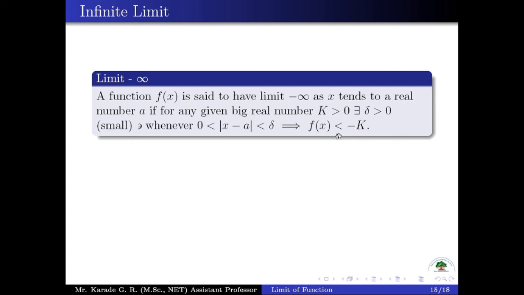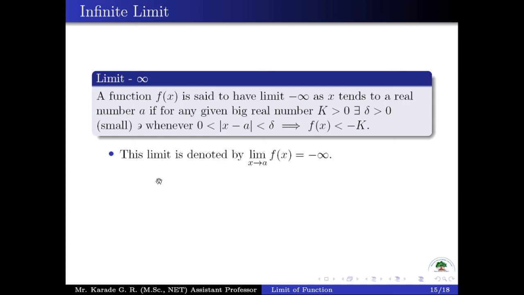But as k is a very big positive number, minus k will be a very small number, and the values of f of x are less than this small number. So we again see here, whenever the distance between x and a is very small, the values of f of x become smaller and smaller.